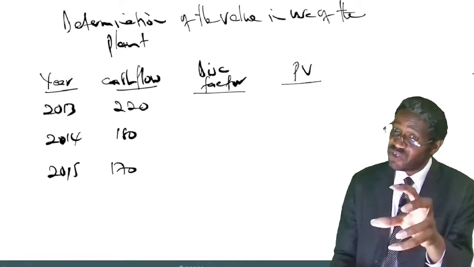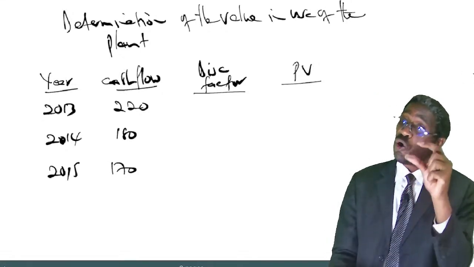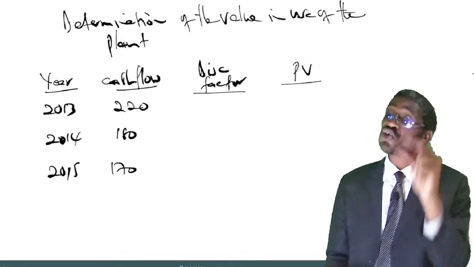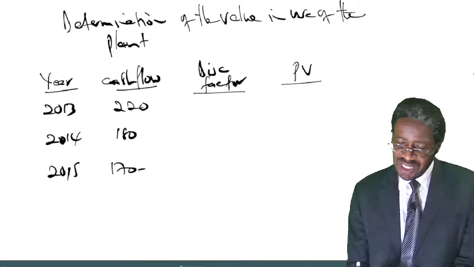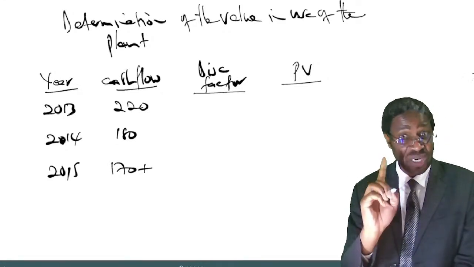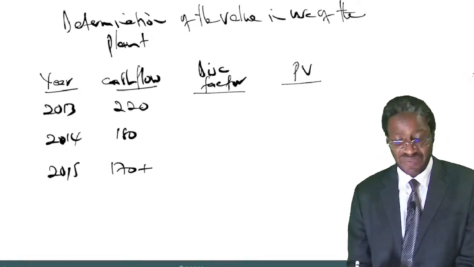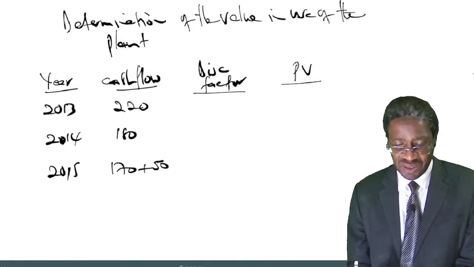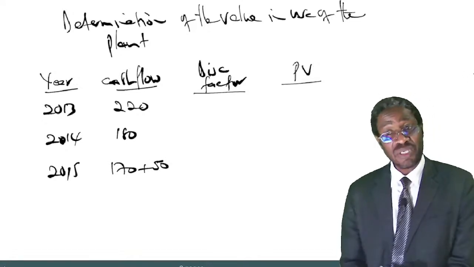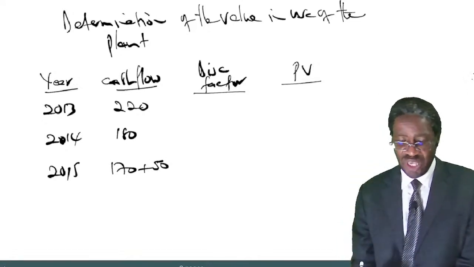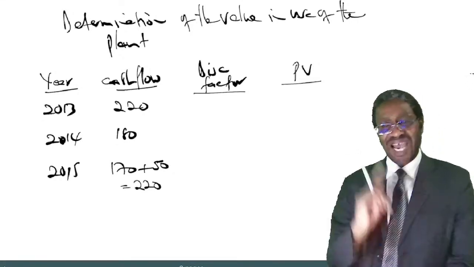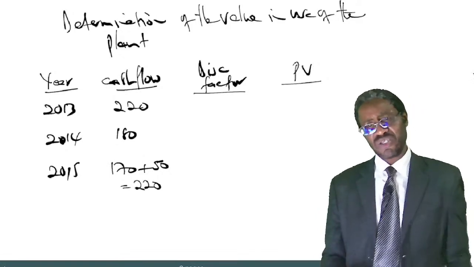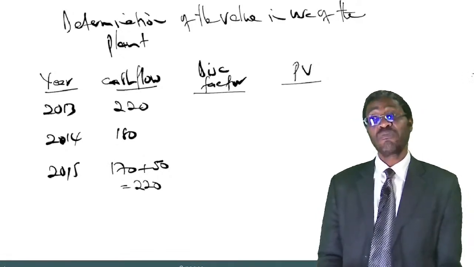And that 50 is part of the components of the cash flows that should be discounted. So in that final year, the examiner wanted to see whether you will take that 170 plus the 50. Meaning now, in the final year, we expect a cash flow of 220. That was the trick in this part of the part 1B.